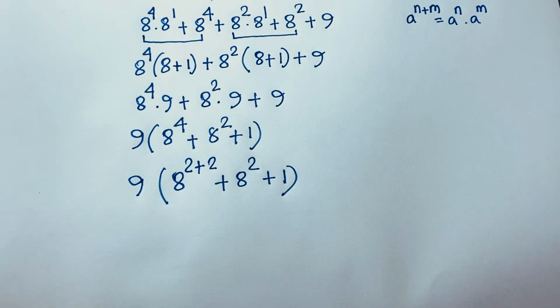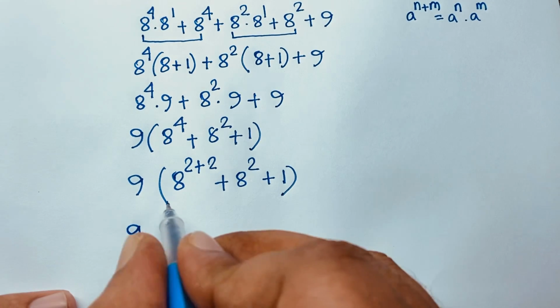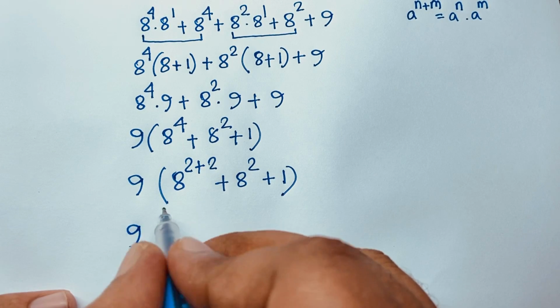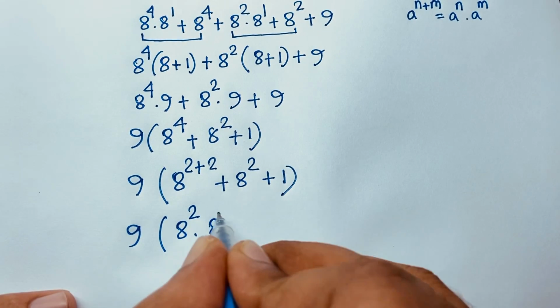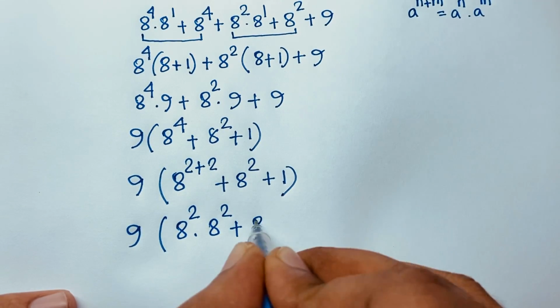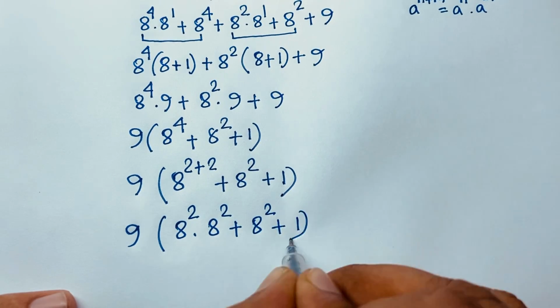Then this expression is 8 to the power 2 times 8 to the power 2 plus 8 to the power 2 plus 1.